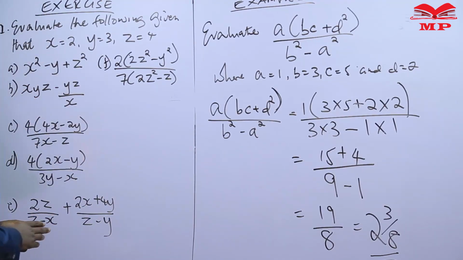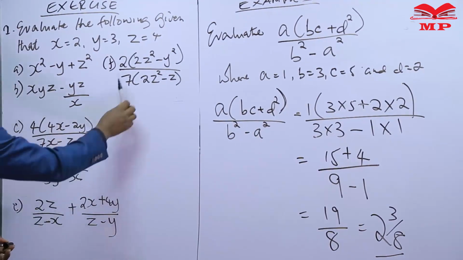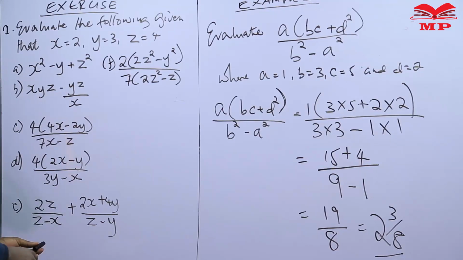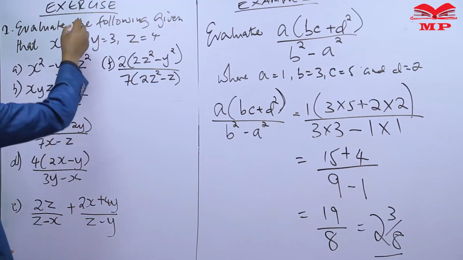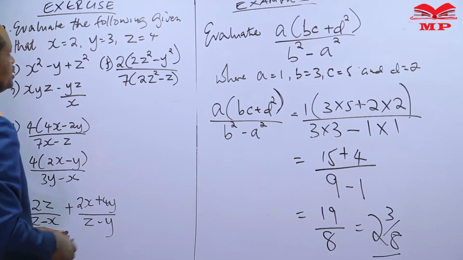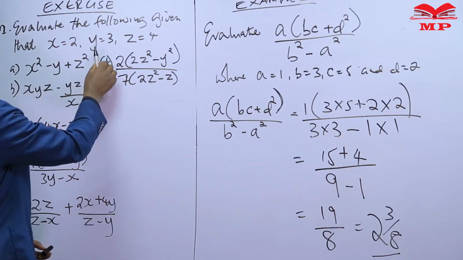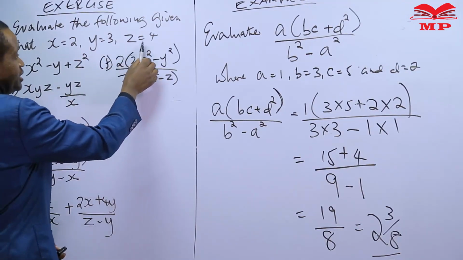There are how many exercises? 1, 2, 3, 4, 5, 6. So you are required to evaluate the following algebraic expressions given that x is equal to 2, y is equal to 3, z is equal to 4.